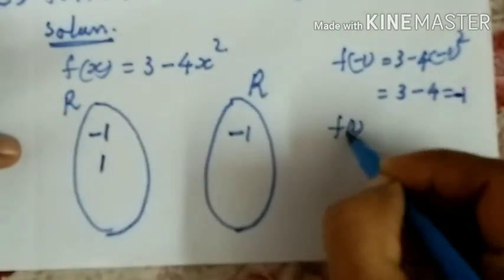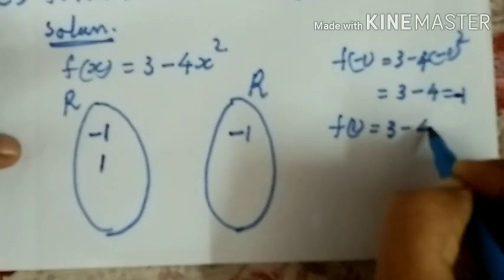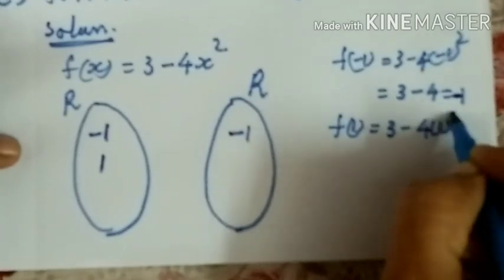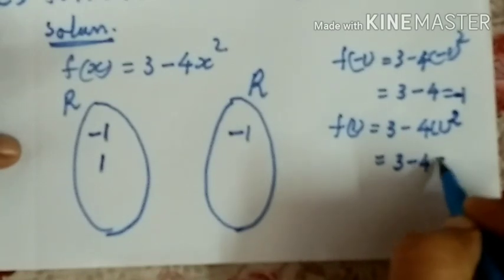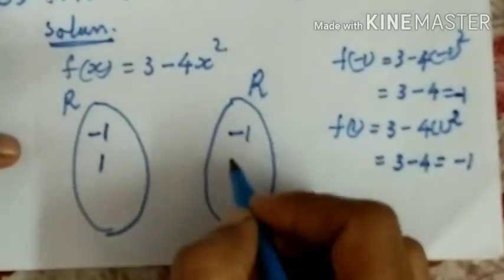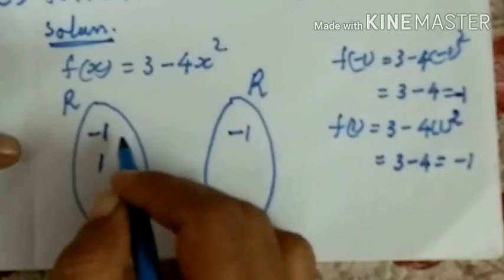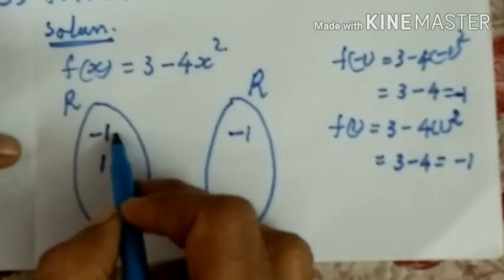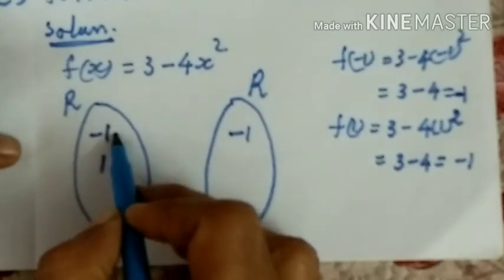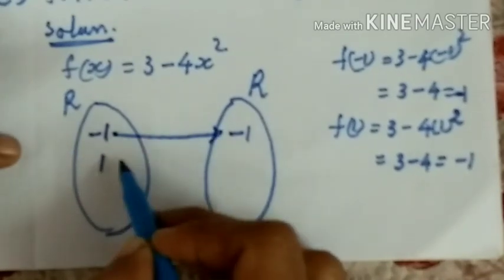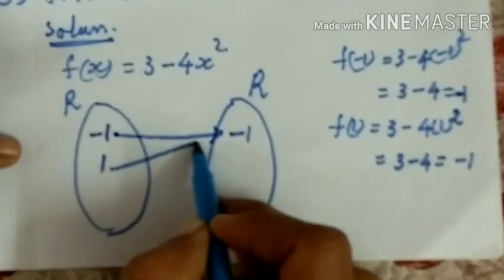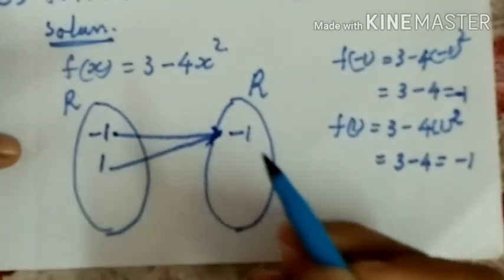Then f of 1 equal to 3 minus 4 into 1 the whole squared, which is 3 minus 4, we get minus 1. Therefore, minus 1 has an image minus 1, then plus 1 also has the same image minus 1.